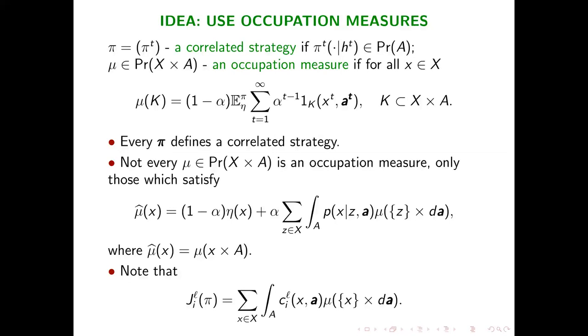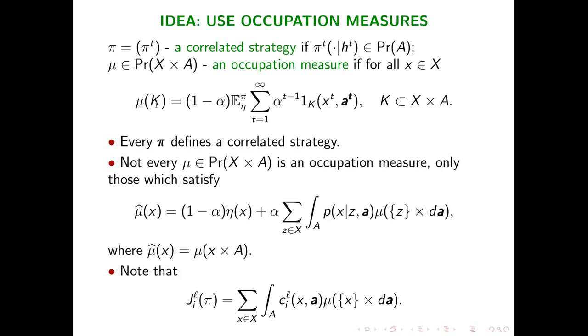So in other words, all players act as one decision maker. So we have just an MDP model, and in this case we have one decision maker, so we can say. And mu is called an occupation measure if it is defined in the following way.